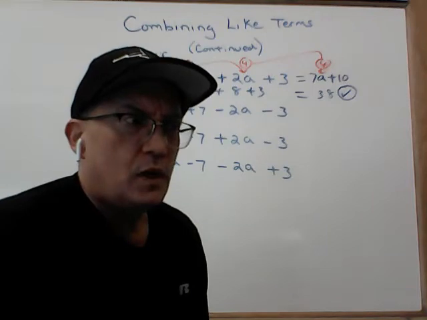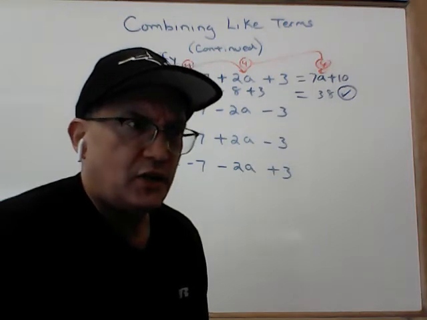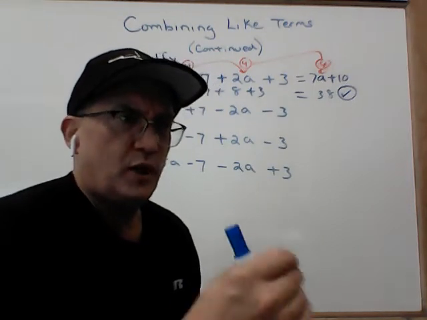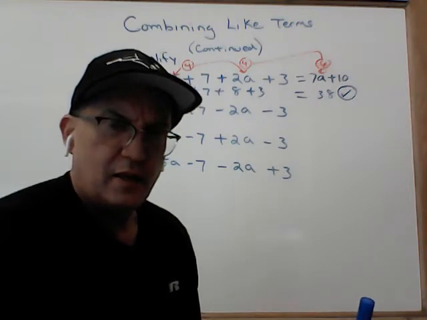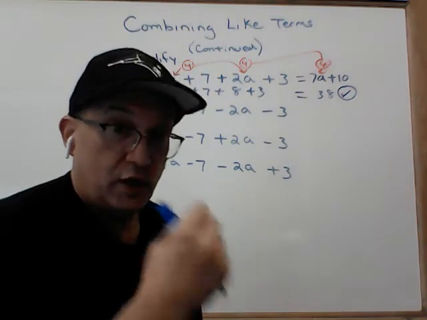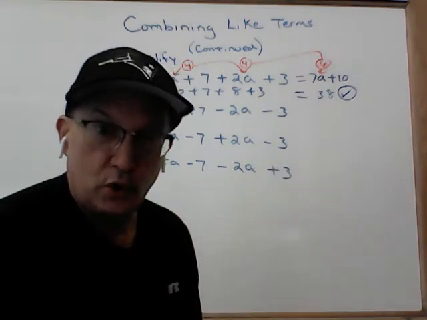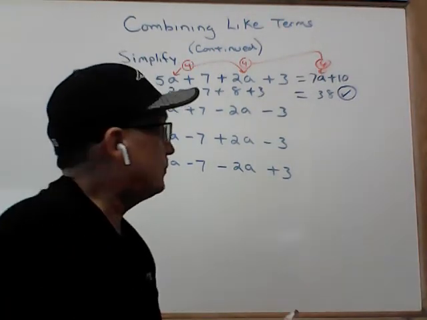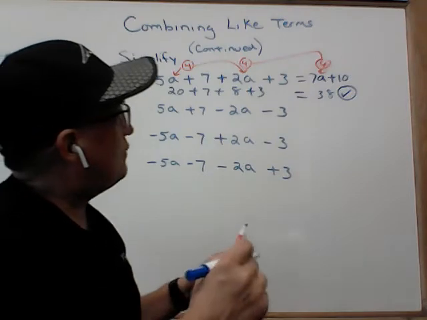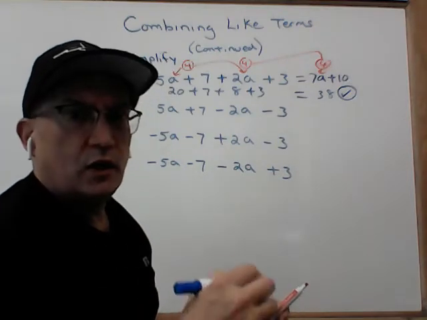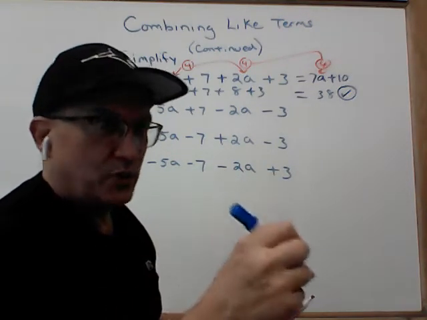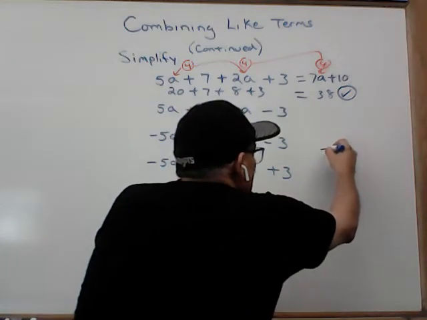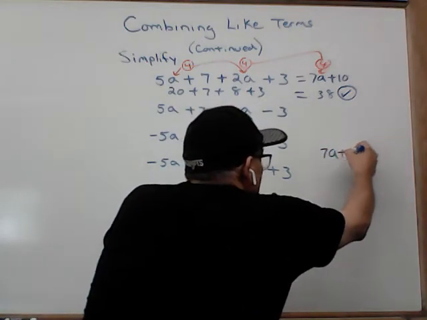Now, to emphasize the difference between simplifying and solving an equation, and also to review some things that you did quite successfully in 6th grade, let's go back to that 7a plus 10, which does not equal 17a, but let's just say for a moment that it does.